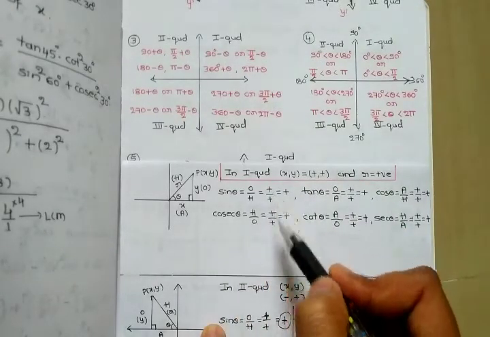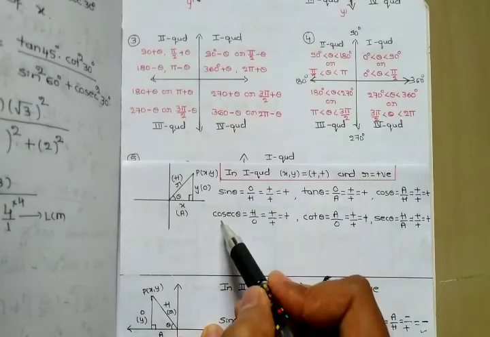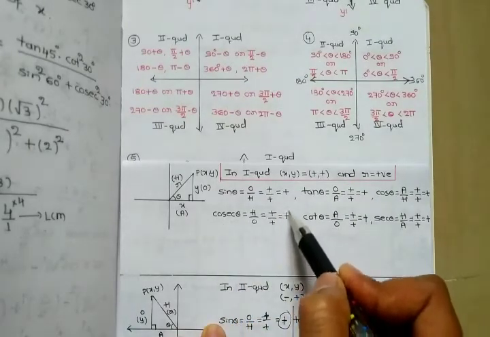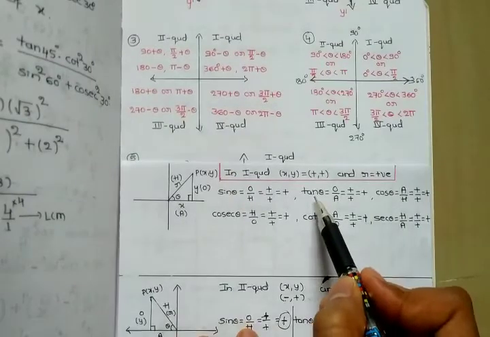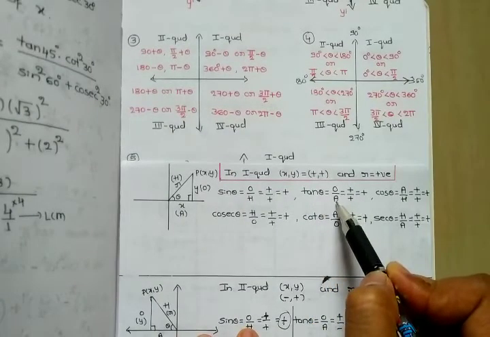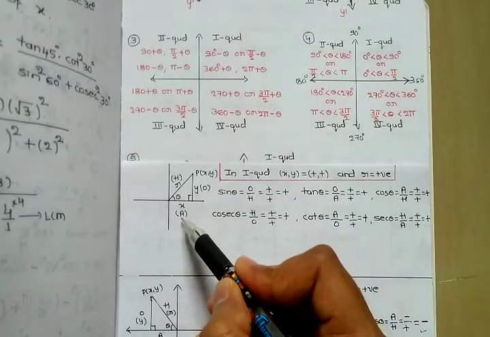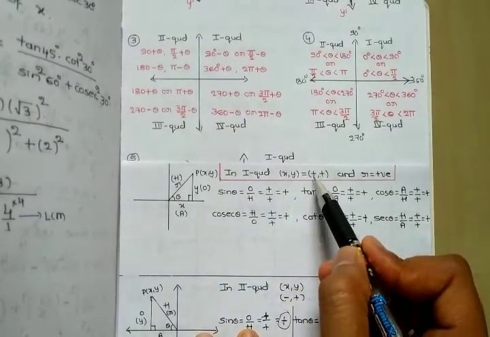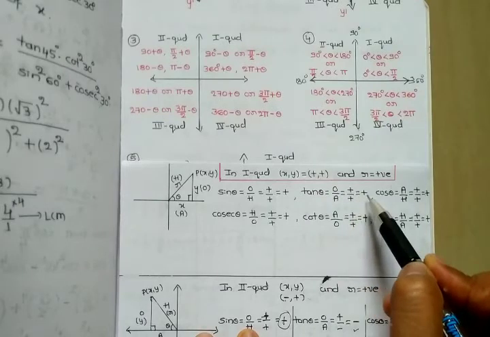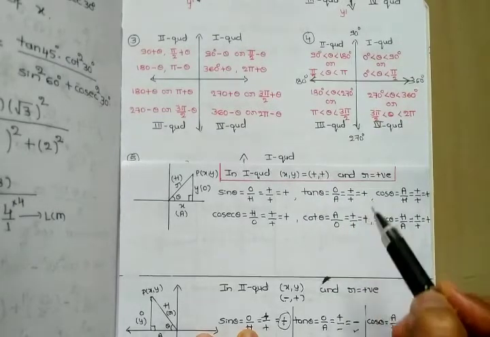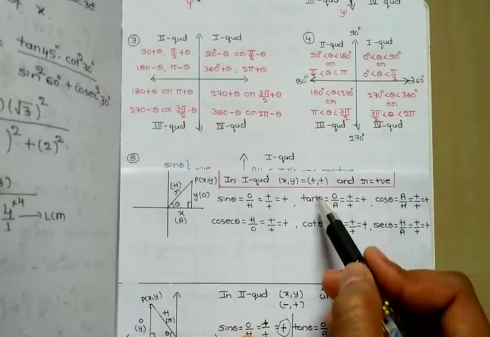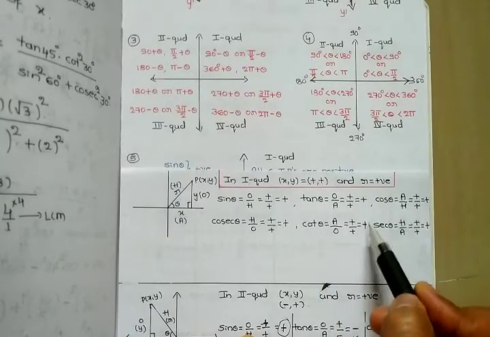Again, the reverse, cosec theta, also becomes positive. Next, tan theta is opposite divided by adjacent, y over x, both positive, so again positive. Similarly, cot, the reverse of tan, will be positive only.